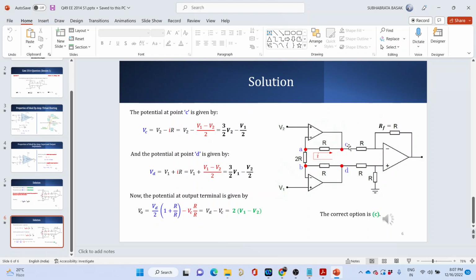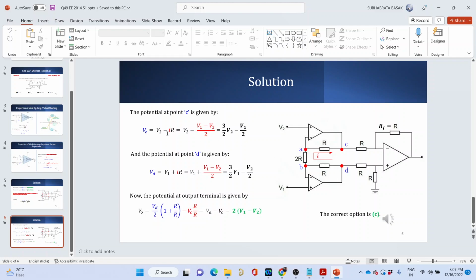So our main interest is to find the potential at point C and point D. What is the potential at point C? That is the potential at point A minus the potential drop across this resistance, because as I have already told you, current flows from a higher potential to a lower potential. As the current is flowing from A to C, point C must be at a lower potential, and it should be lower than point A by the potential drop across this resistance R. We already know the potential at point A is V2.